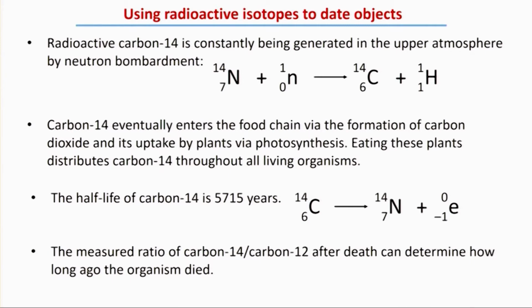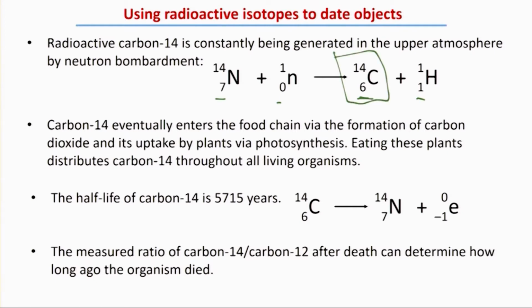You can see here that the atomic number goes down to 6, a proton is given off, and the mass number has stayed the same. So a neutron bombards a nitrogen, and now we have made this isotope carbon-14.